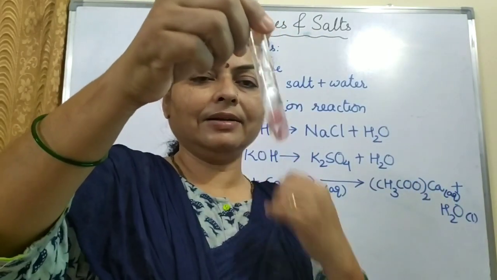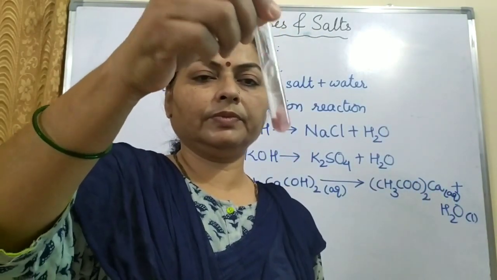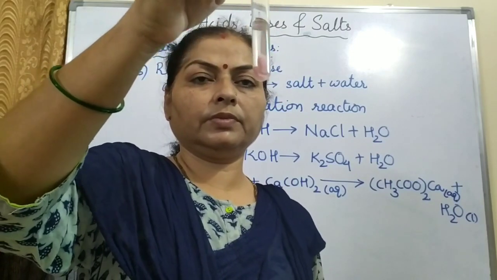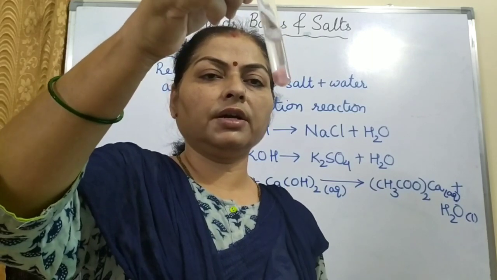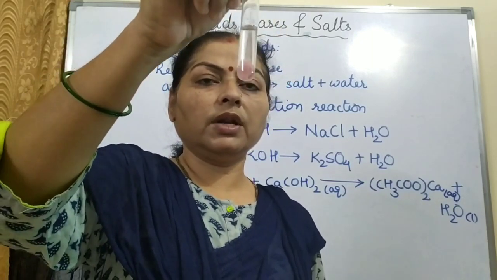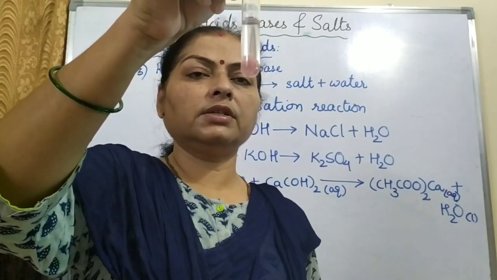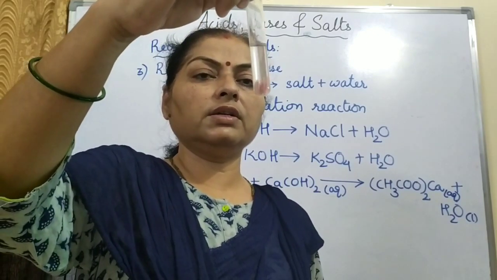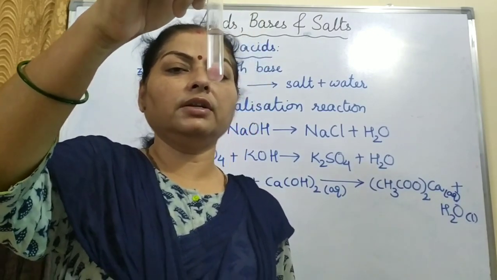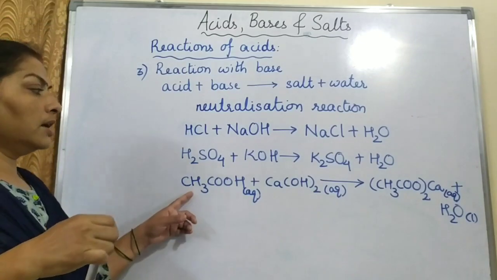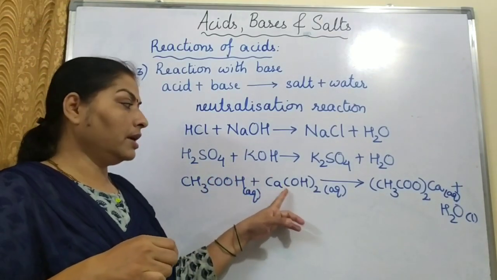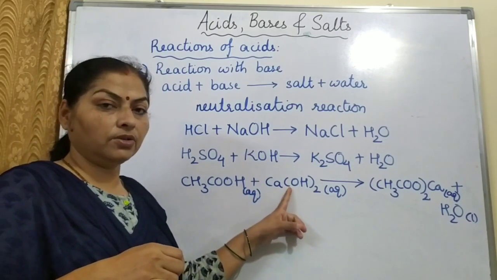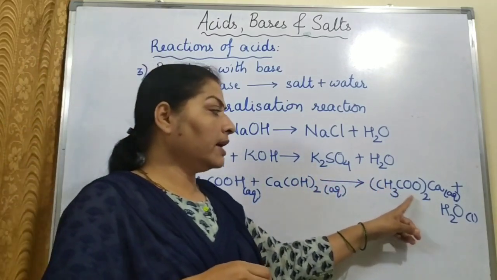Let us shake it a little. So the red color remains, it is not changing to blue again. So it means that the medium of the solution in the test tube is acidic. So what might have happened, children? This acetic acid, that is vinegar, when I poured it in, neutralized the calcium hydroxide solution and formed salt and water.